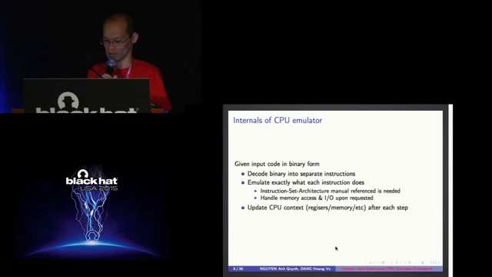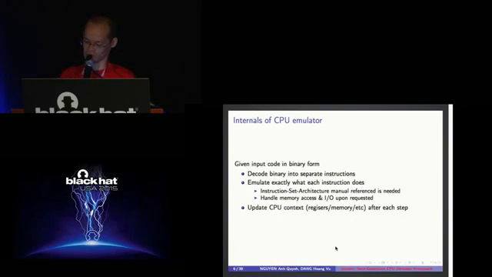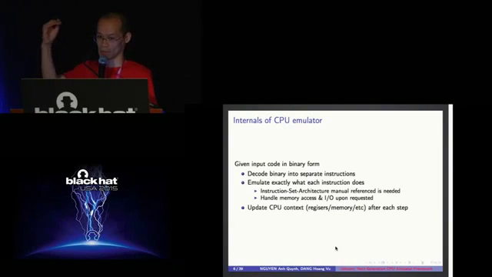At this step, you need to reference the instruction set manual of the architecture that you try to emulate. You need to handle memory access, I/O, and so on. And after you emulate each instruction, you need to update the CPU context every time.